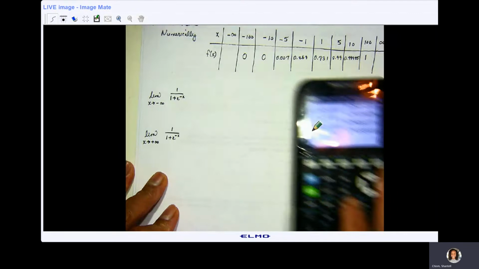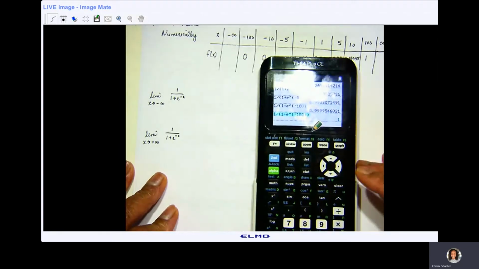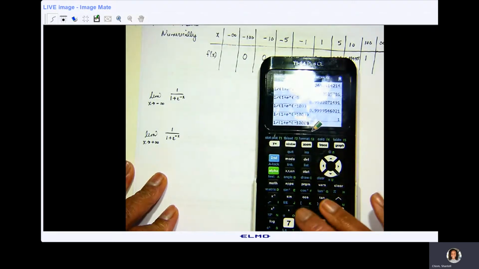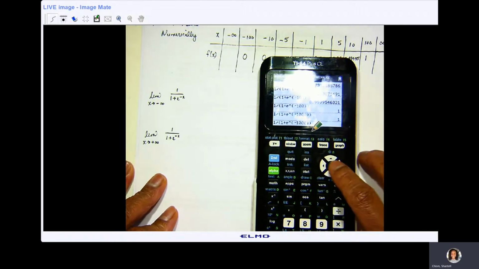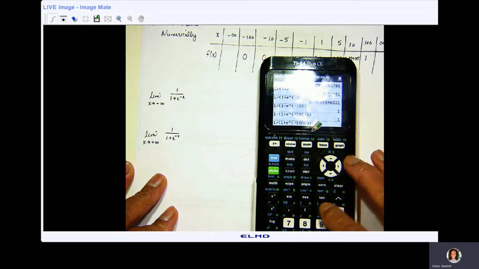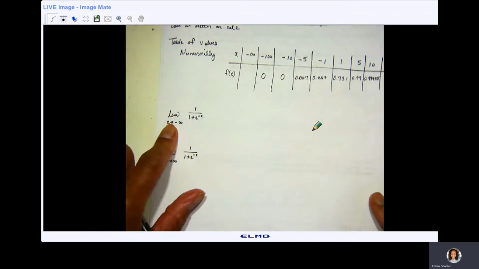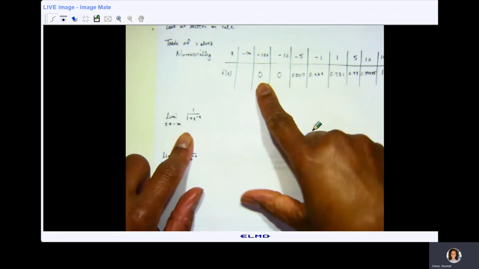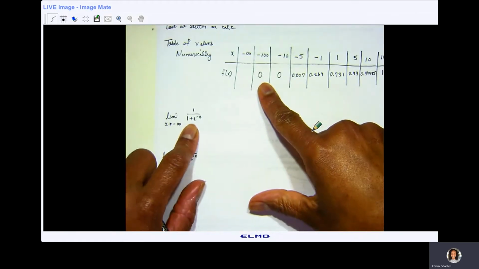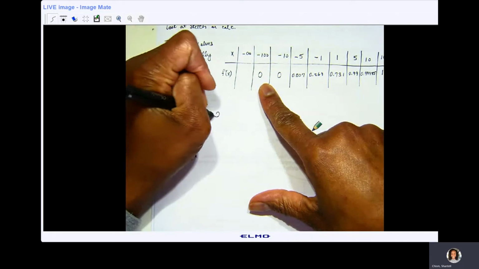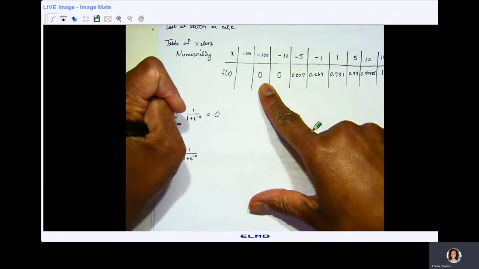So we would plug in 1,000, let's say we did that, 1. 10,000, 1.